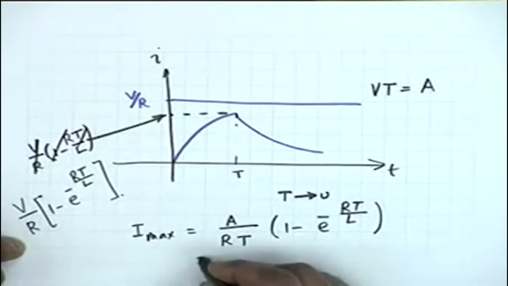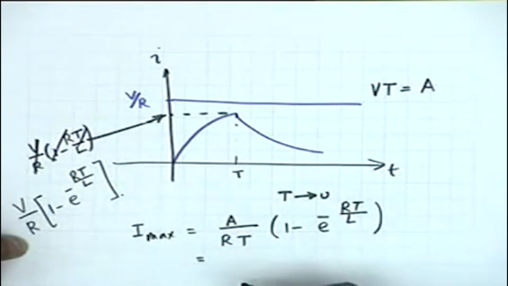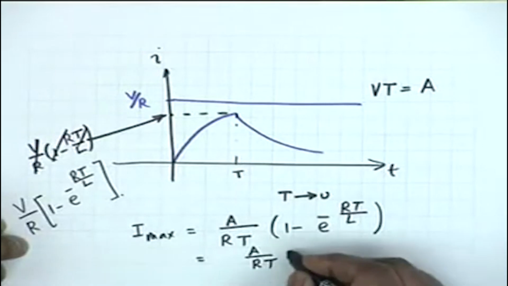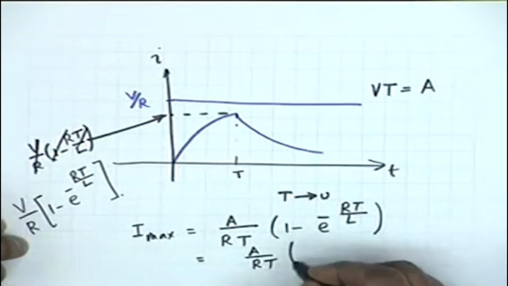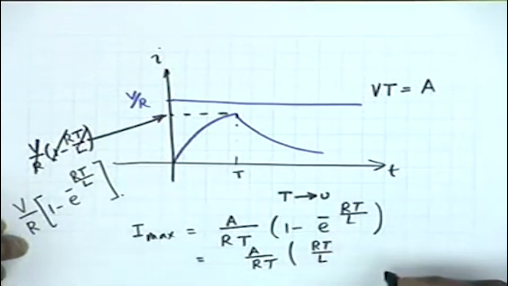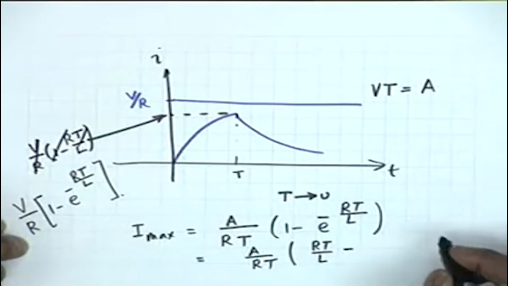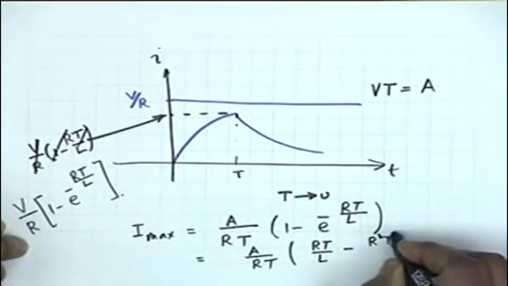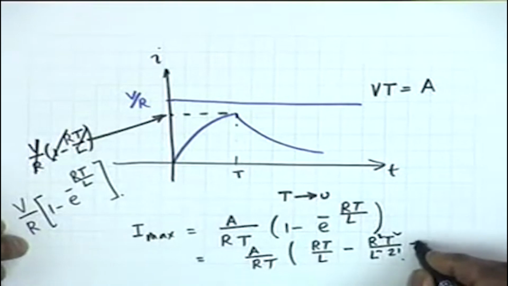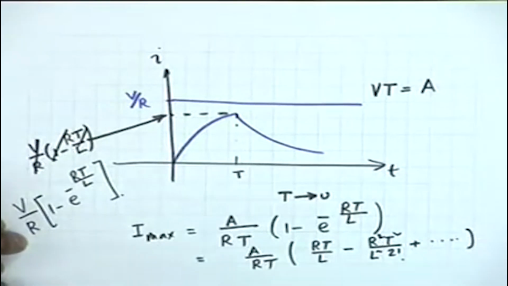Now I expand the exponential, then I get A by RT. All right. What do I get inside the bracket? RT by L minus R square T square by L square 2 factorial plus and so on to infinity. Okay.